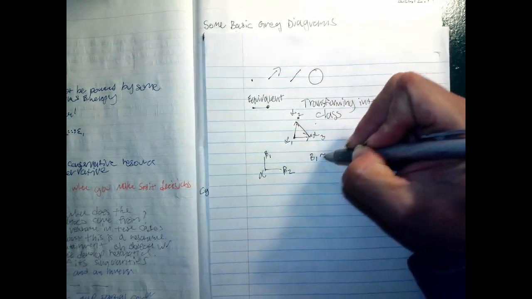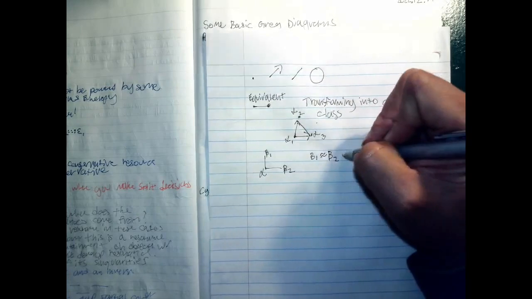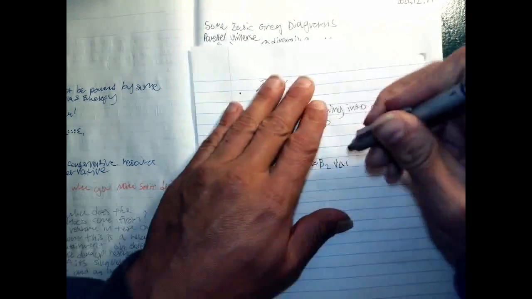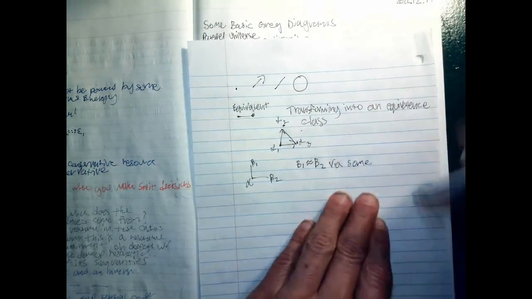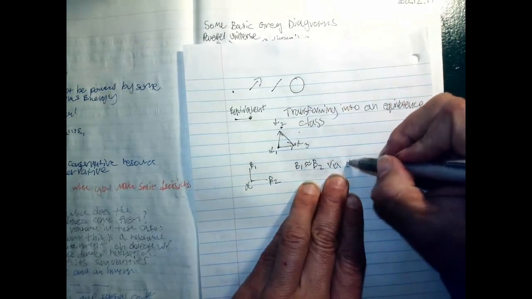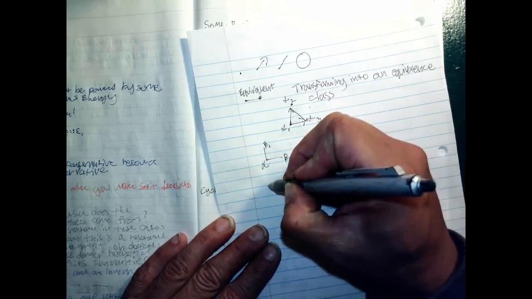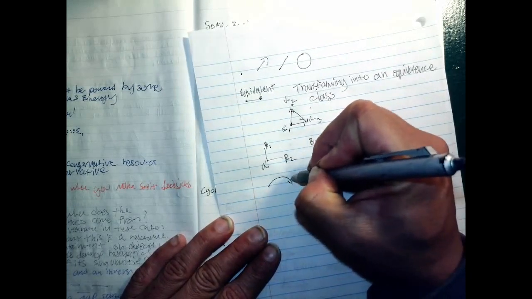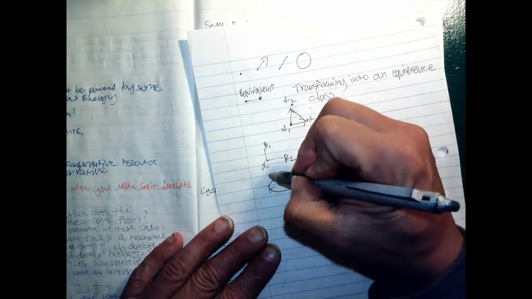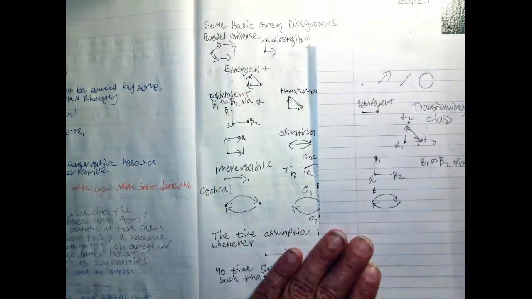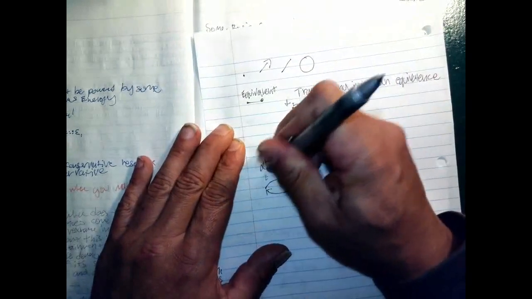B1 is resonant with B2 via alpha. If this were a word translated into English from gray alien language, it would be, this would be equivalent. Oh no, this would be cyclical.